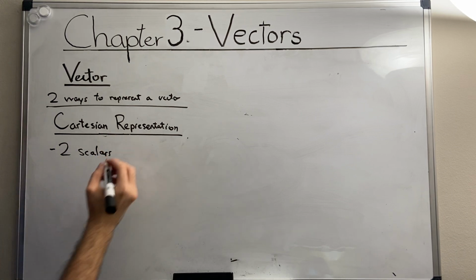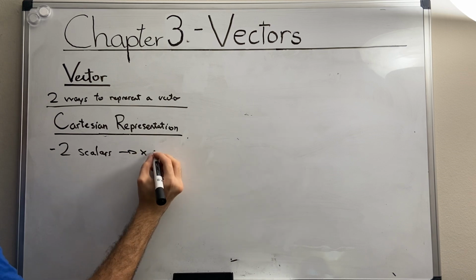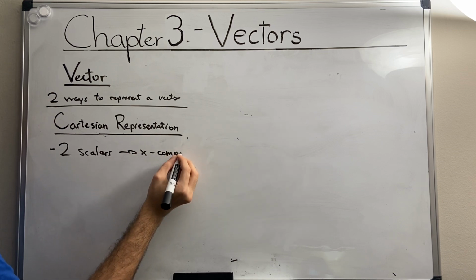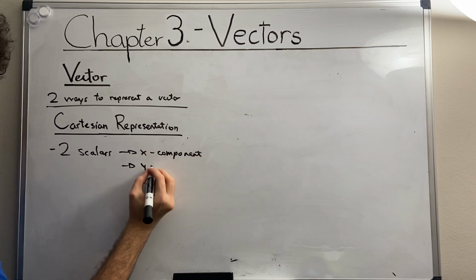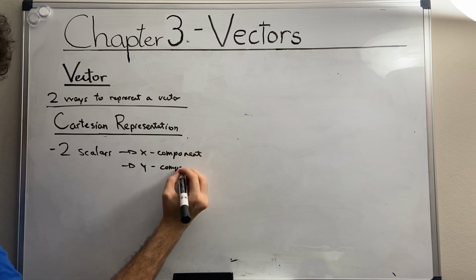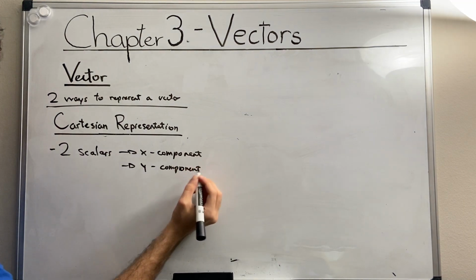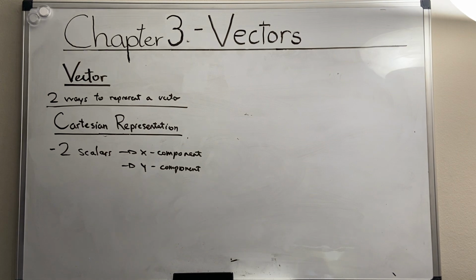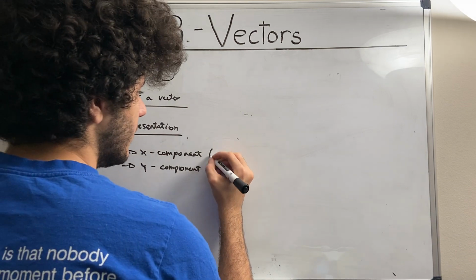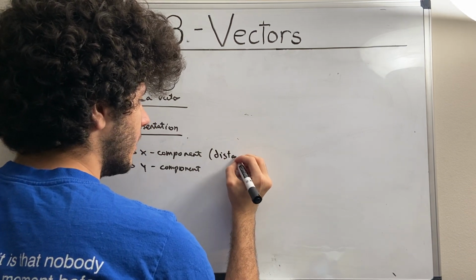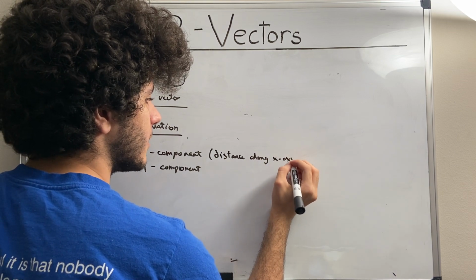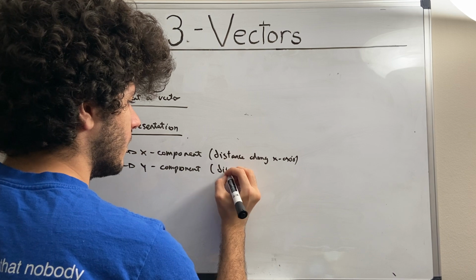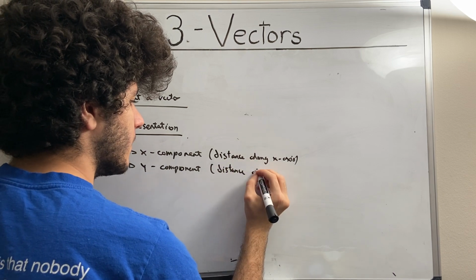The first one is going to be the x component, and the next one's going to be the y component of the vector, of course. That might be a little bit weird to you. You might be asking yourself, what is that? Well, each of these is the distance of the vector along their respective axis.